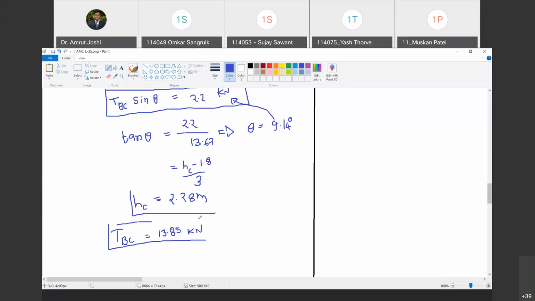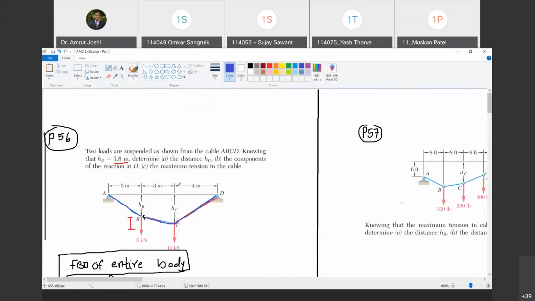Do you agree with me? Yes, sir. It has to be tensile. Positive came, so the originally assumed sense is correct and therefore it has to be tensile. Do you agree with me? Yes, sir.